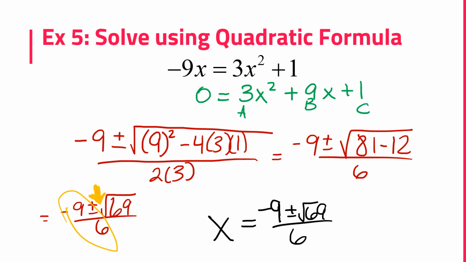Another way to look at it, if this is helpful, is really we have negative 9 over 6 plus or minus square root of 69 over 6, right? So you could, if you want to write it that way, simplify that piece, but you can't simplify this piece, right? So if you can't divide all three pieces, then just leave it as is.